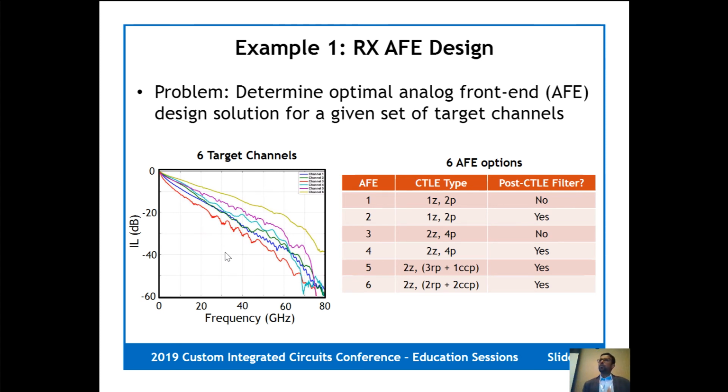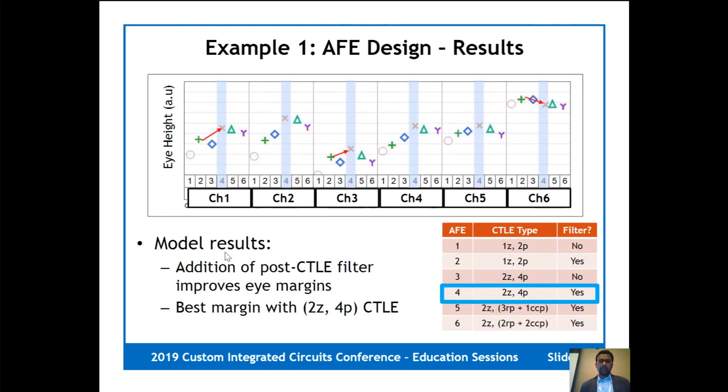So by using the models that I showed earlier and plugging in the parameters for all the remaining things that I'm not showing here, we can easily generate data like what's shown here, where we can plot, okay, what's my eye height at target bit rate for these 6 channels, and for each channel, these 6 AFE options. And looking at this data can give us some insight into the design.